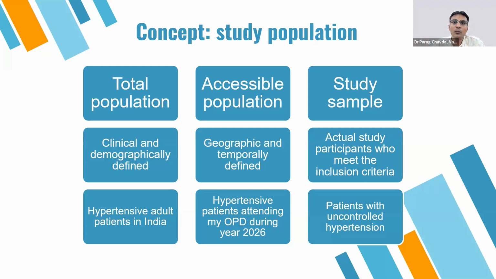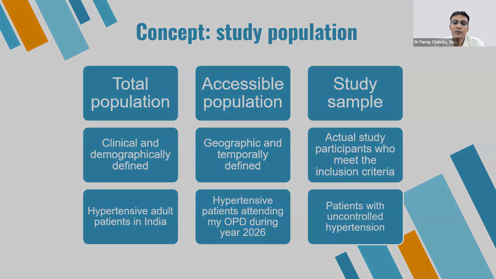Is it more common among the elderly, or among people with other comorbidities, or among a particular gender, or a particular socioeconomic status, or something of that sort, right? So your interest is only those people who have uncontrolled hypertension, right? So that becomes your study sample.